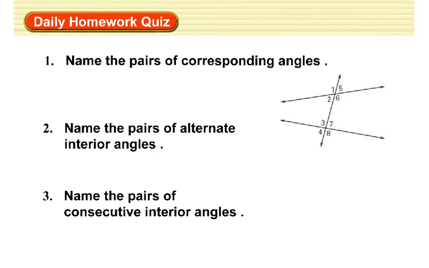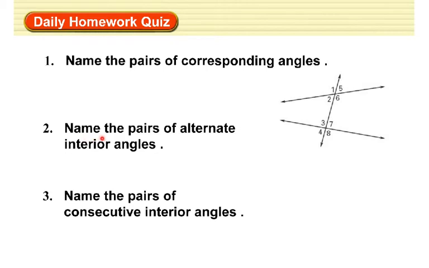And remember, answer these questions completely. It says name the pairs of corresponding angles. Now, I didn't say give an example of corresponding angles according to this figure here. I want all pairs of corresponding angles. So you're going to list 4 different pairs of angles for corresponding angles.